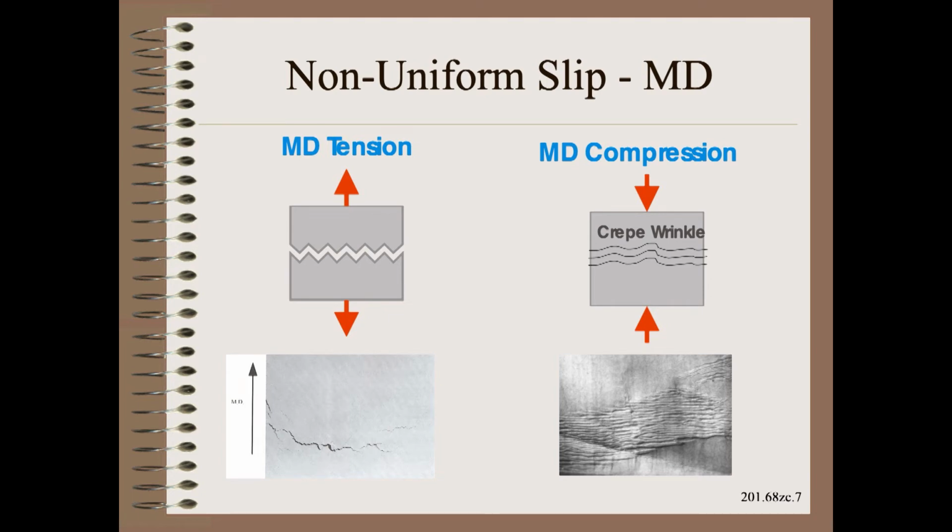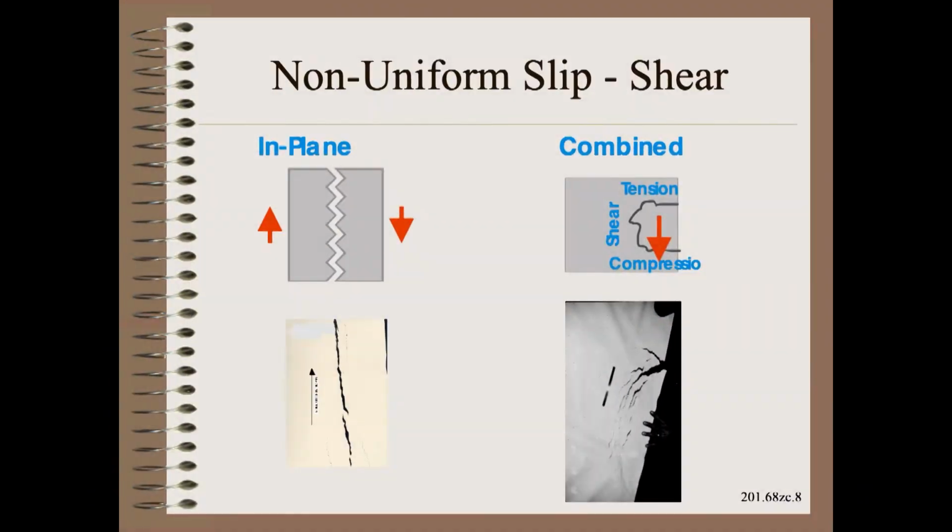If the slippage occurs more on one layer than its neighbors above or below, and occurs in the MD, then the paper can tear or crepe depending on whether the movement is tensile or compressive. The movement can also be non-uniform with respect to CD position, which results in shear stresses.